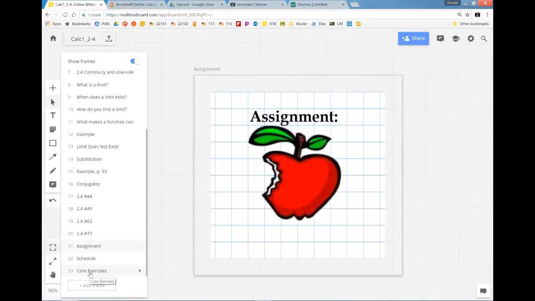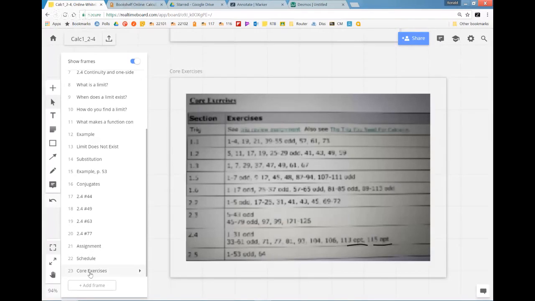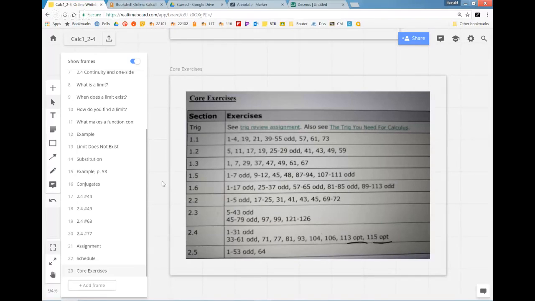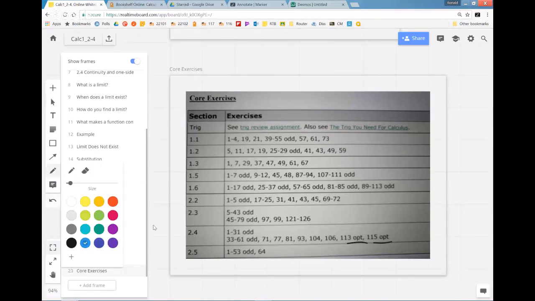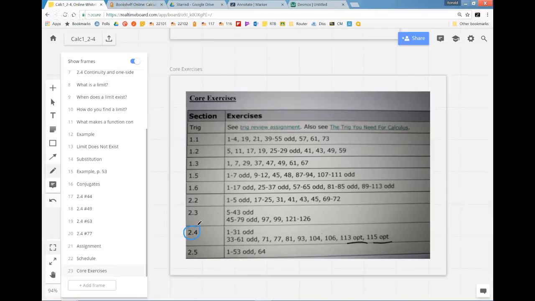So let's get to the assignment. 2-4 down there on the bottom. And this is the first time I think you've had a, what? Notice it says there are 2 optional ones there. So I've got to look at the book.